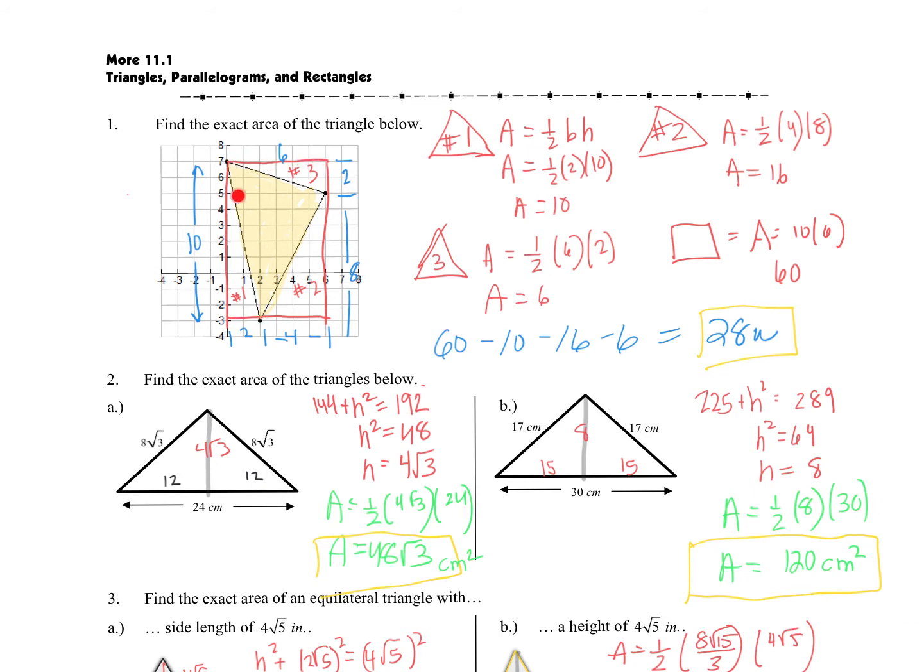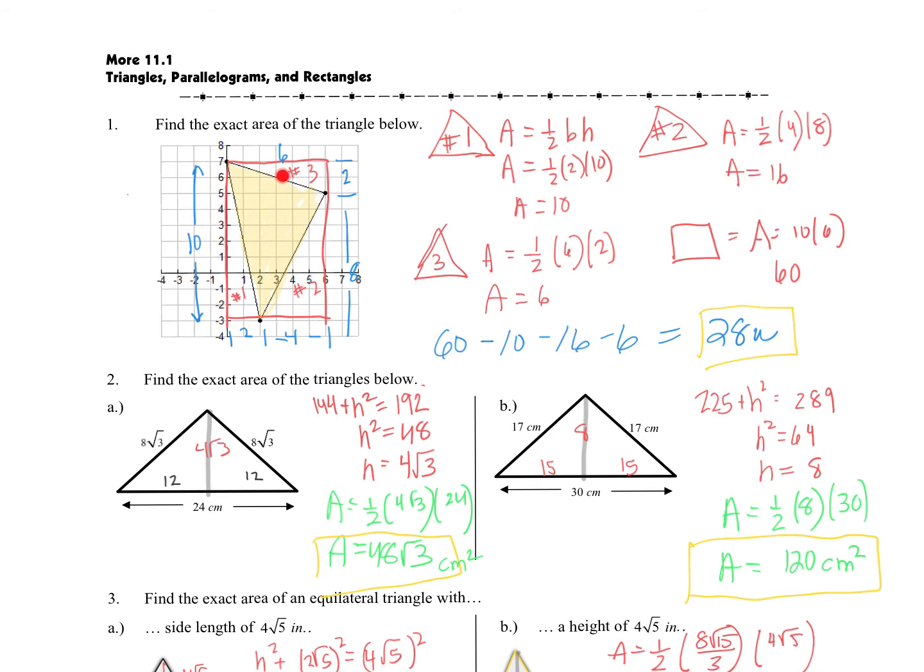If I want the area that I highlighted in yellow, you can see there are 3 triangles. So what I'm going to do is take the area of the entire rectangle, which I did over here, just 6 times 10, that gives me 60. And then I'm going to find the area of each one of these smaller triangles. Number 1 is 1/2 of 2 times 10, and that's how I got the 10. Number 2 is 1/2 of 4 times 8, which is how I got the 16.